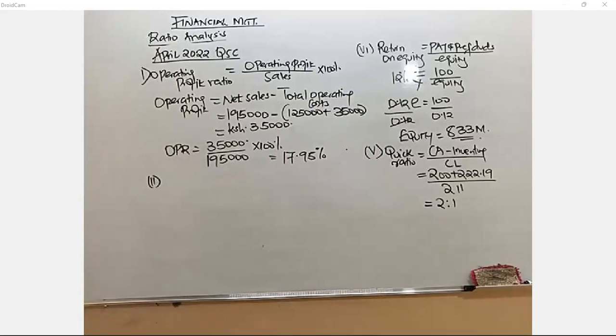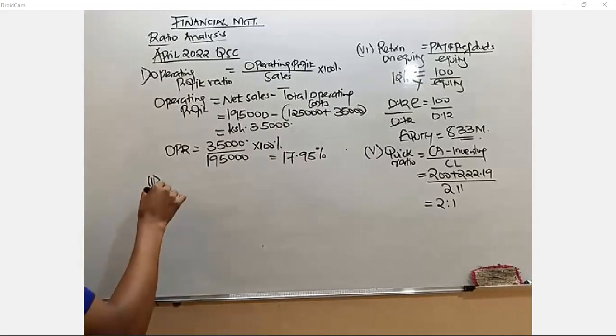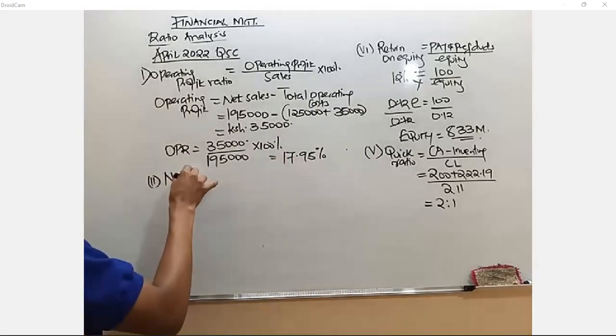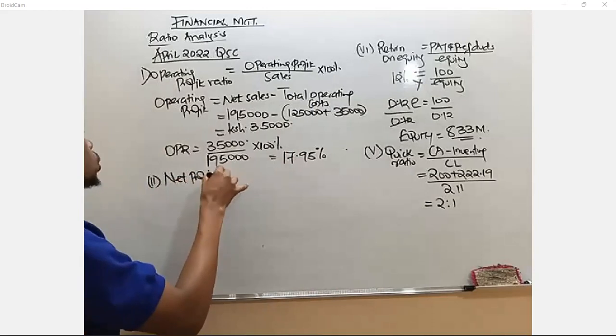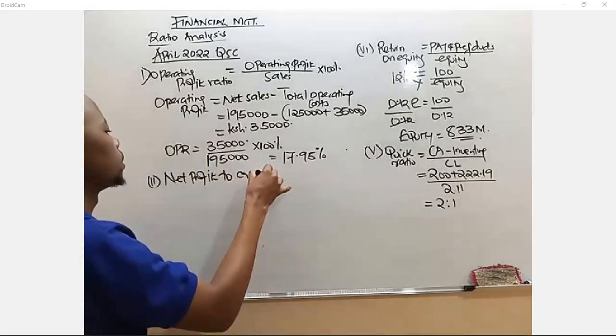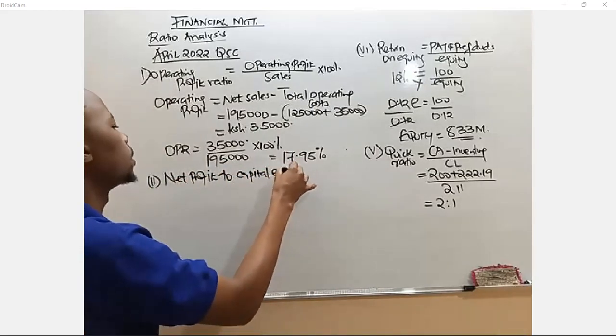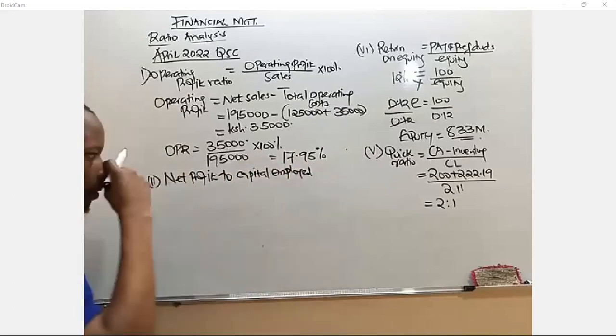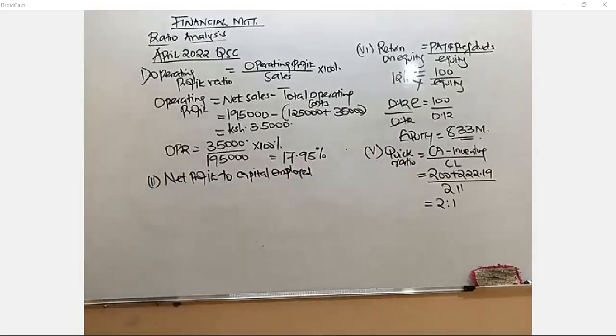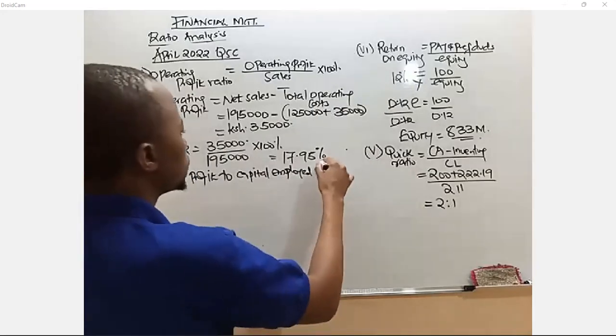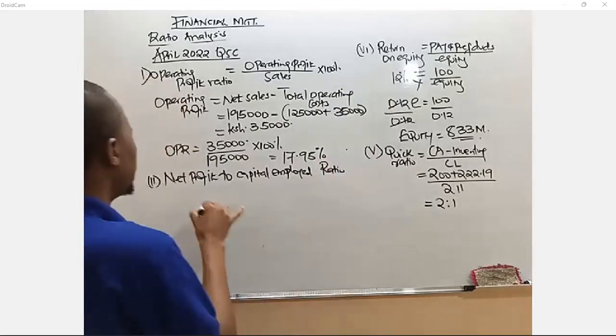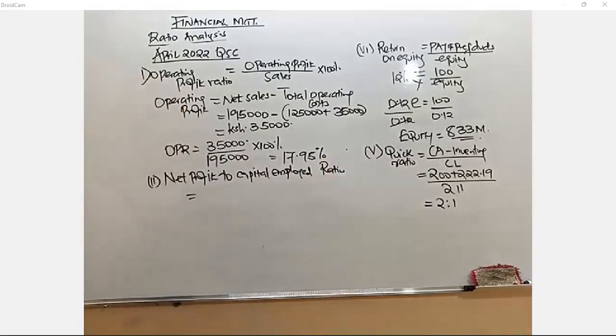Number two, what is my second requirement? The second requirement of the question is the net profits to capital employed ratio. How are we going to get this?